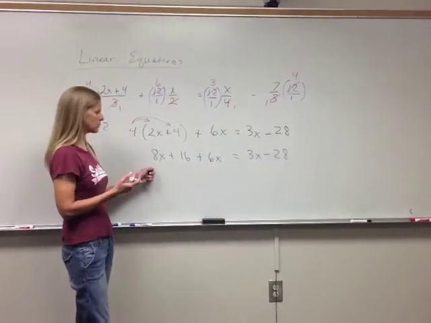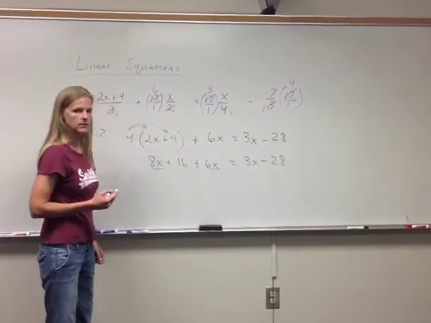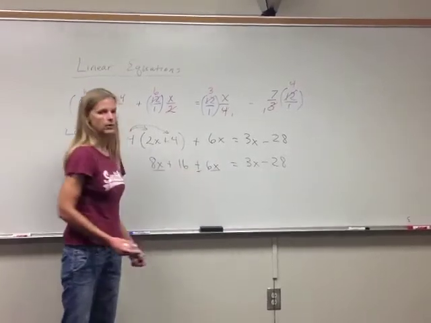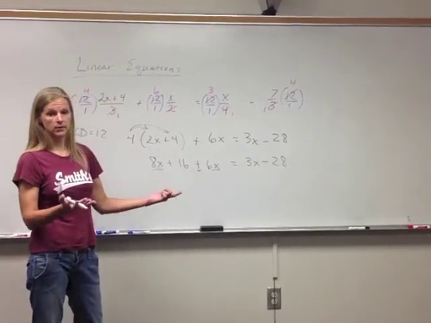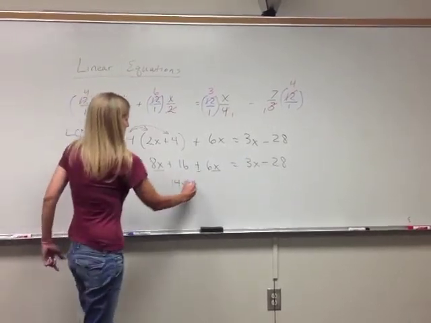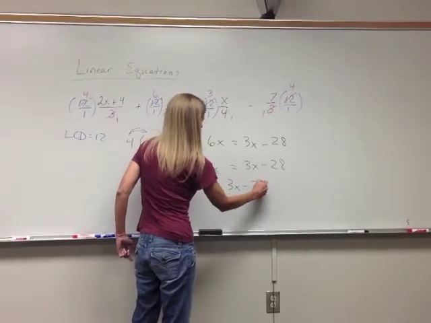Can I? Yes. Why? Because I have an 8x and I have a 6x. And what is the operation between them? It's this plus. So I have 8x's plus 6x's gives me 14x's plus 16 equals 3x minus 28.